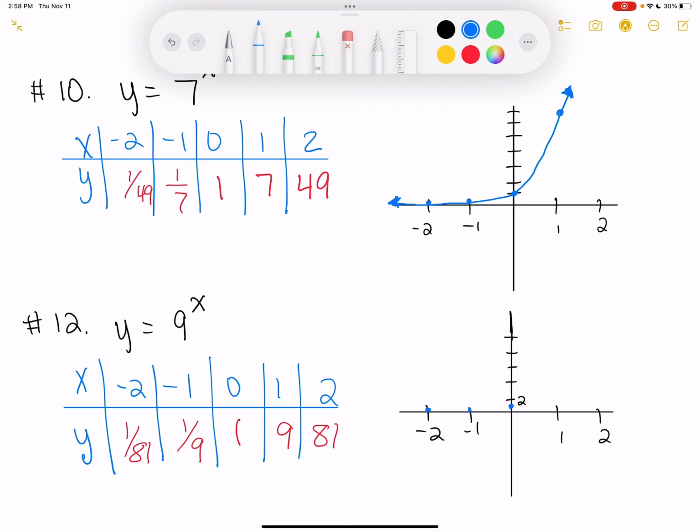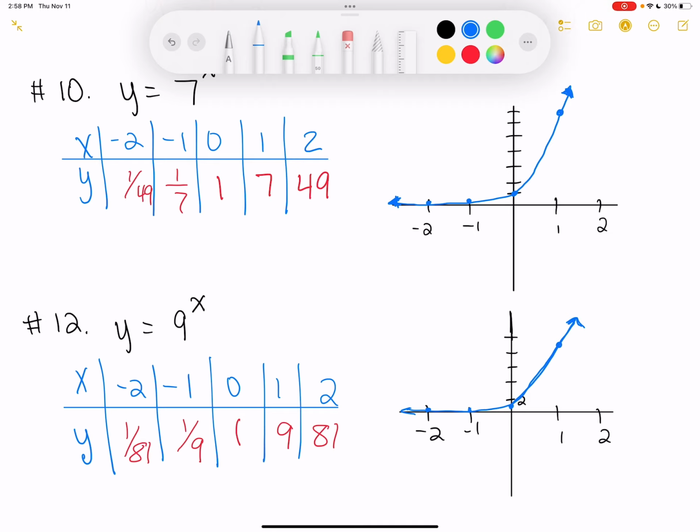At 1, I'm at 9, so I'm up in here. 2 is at 81. I'm definitely not graphing that. So then you just need to connect your dots, and there's your exponential function.